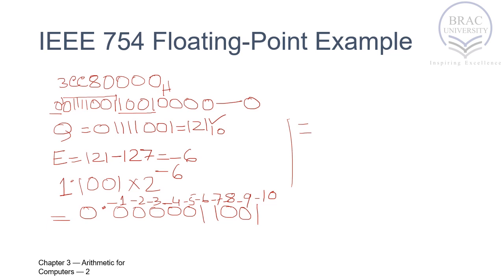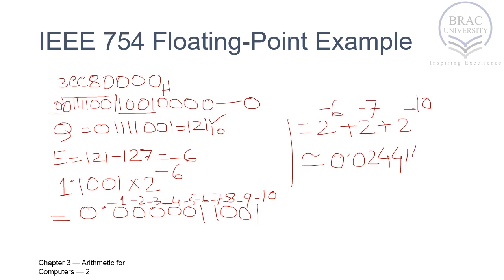So if we try to convert it into decimal value, then we'll have 2 to the power -6 plus 2 to the power -7 plus 2 to the power -10. If we do the calculation and some form of simplification, then the final value that we would get would be something like 0.0244140 and so on.